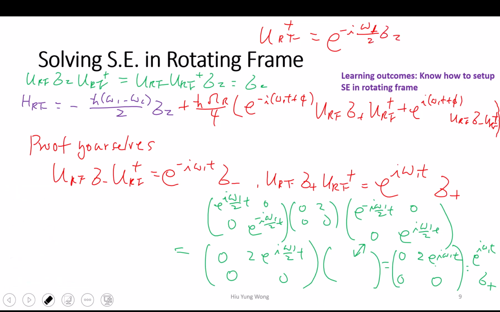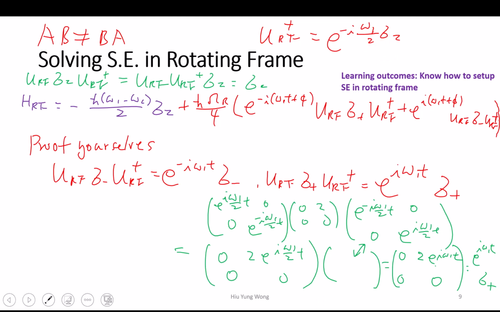So for matrices, I suppose you cannot do that because they might not commute, right? A times B is not necessarily equal to B times A.